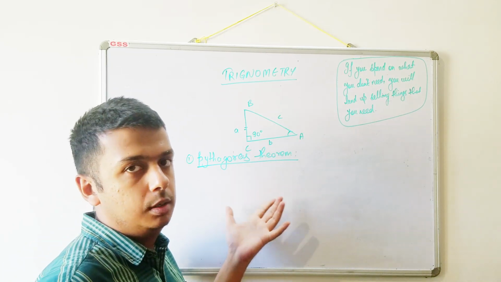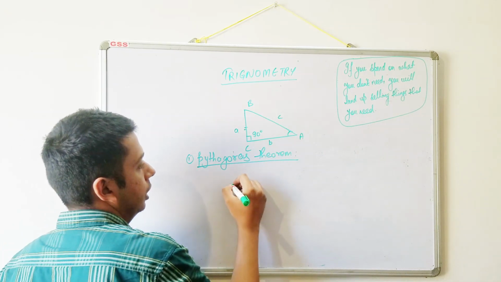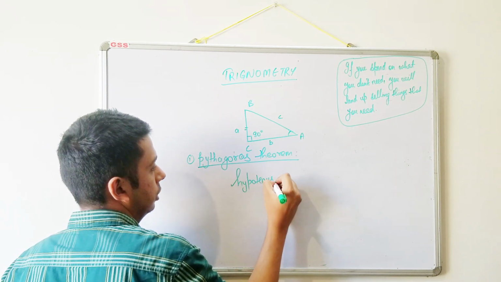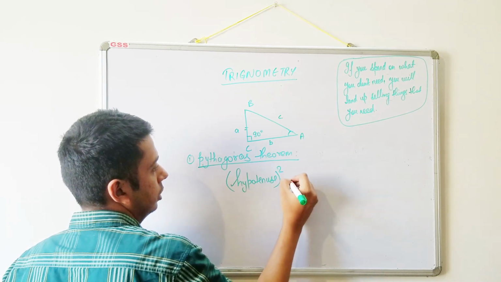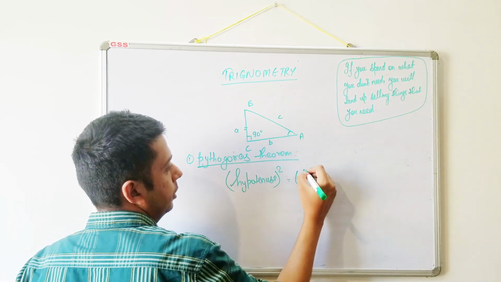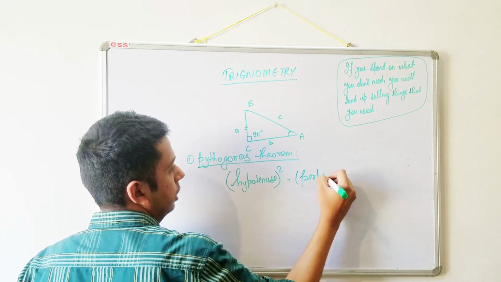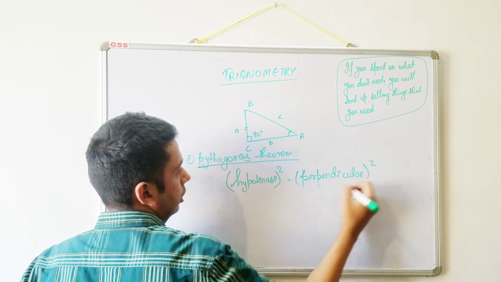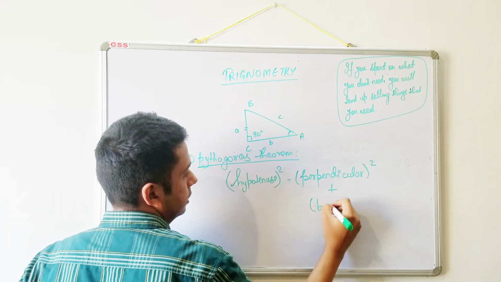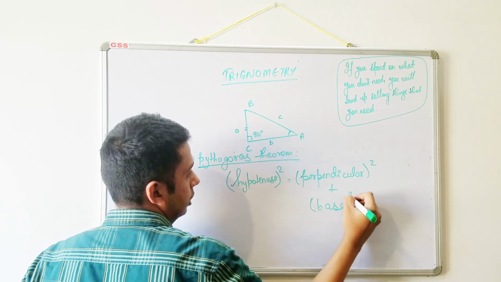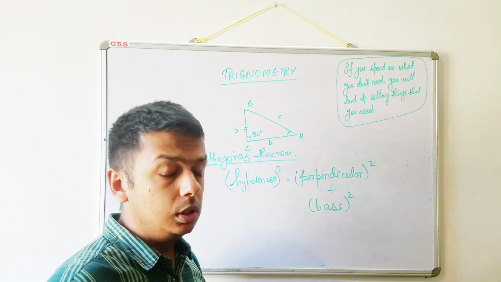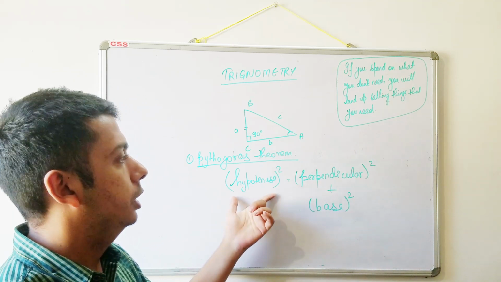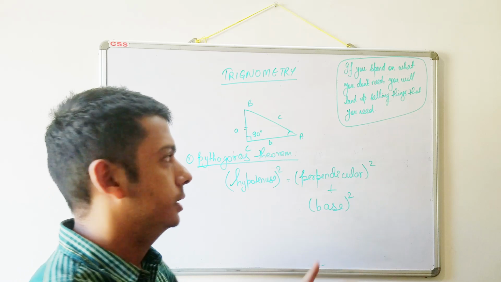The Pythagoras Theorem states that the hypotenuse square is the sum of the perpendicular square and the base square. Now, let's see what is the meaning of a hypotenuse, a perpendicular and base.